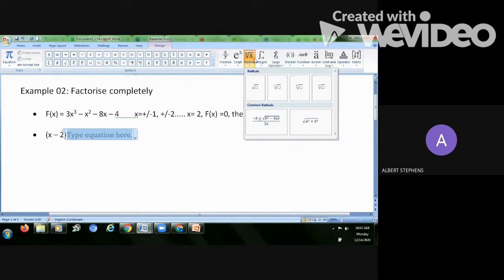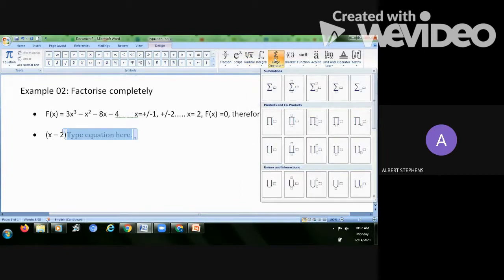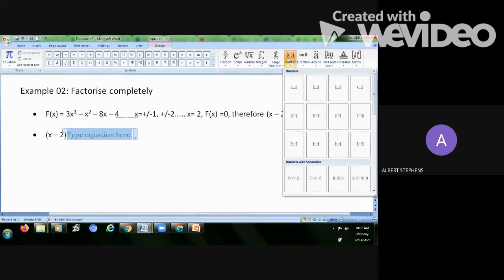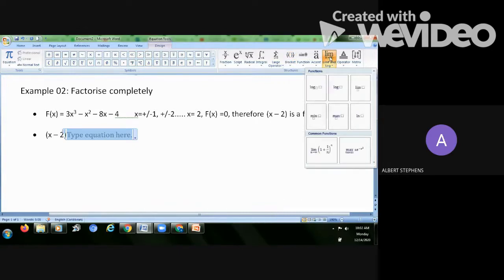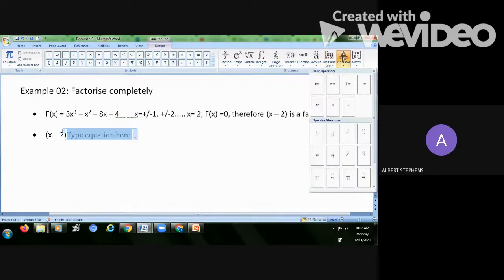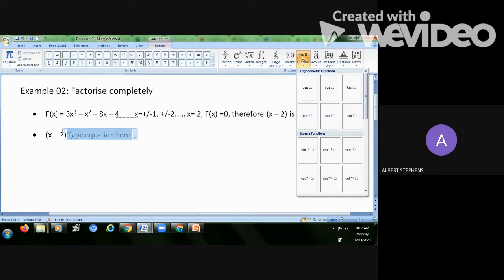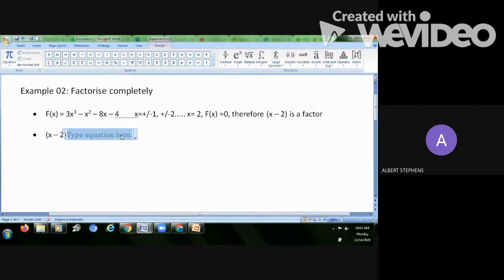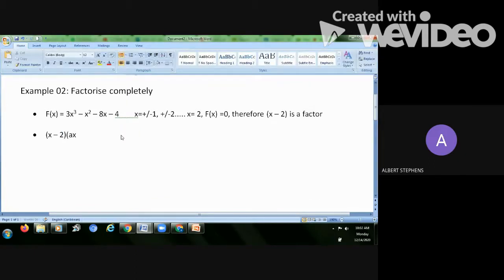Where is it? All right, I guess I have to write it out. That's a quadratic formula.